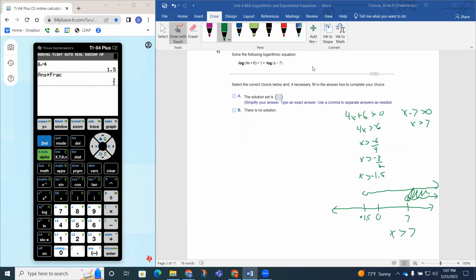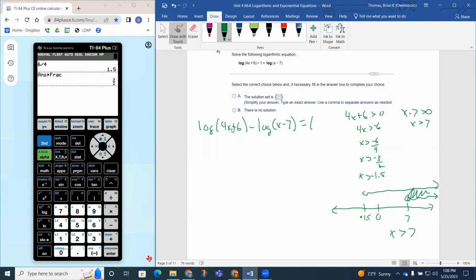So now let's figure out how we want to solve this problem. Since I would like to say, I can set these logs equal to each other, but this one kind of gets in the way. So to me, the easiest thing to do is just move this log of x minus 7 over to the other side. So I'm going to have the log of 4x plus 6 minus the log of x minus 7, and that's now going to just equal 1.